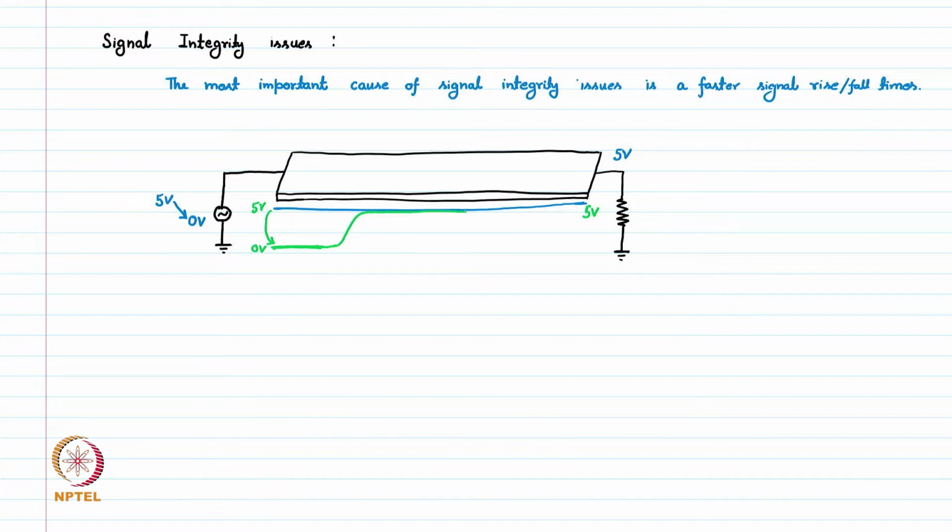After, let's say, a small amount of time delta t, the 0 level has reached from the near end to, let's say, this distance. So here we can see, as we pulled down the node at input, this 0 volt is going to take some time in reaching from input to output, and this change is gradually going from the near end to the far end.